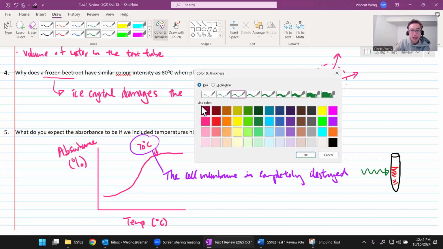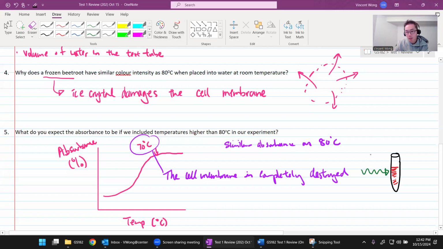So the colorimeter is going to shine green light at it, measure how much green light passes through, do some calculation, and give you absorbance. Higher absorbance means the color is more intense. It's just a numeric way to compare the colors of the different test tubes.